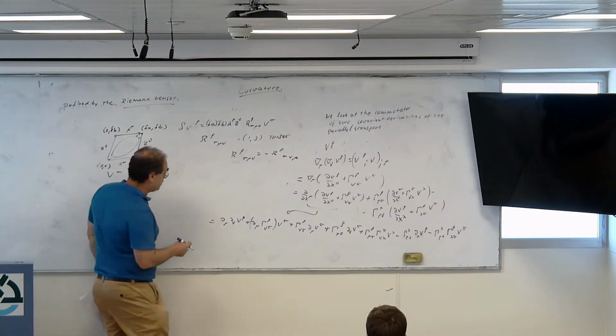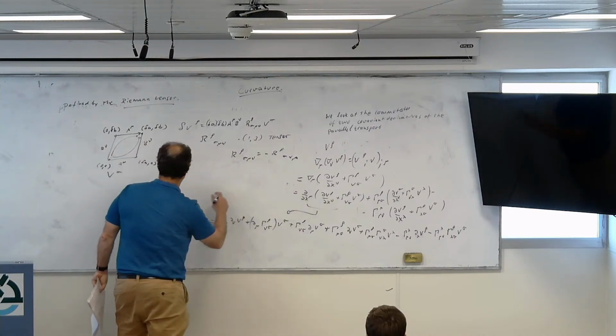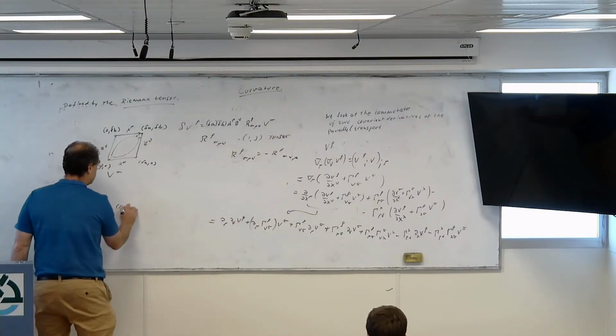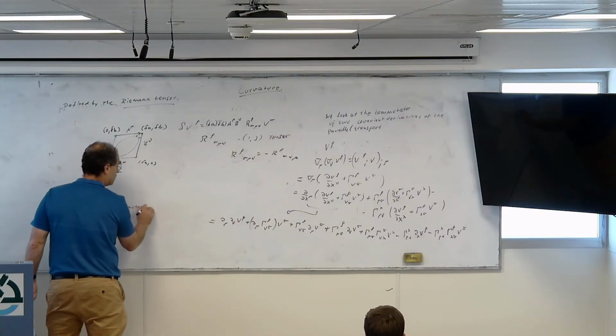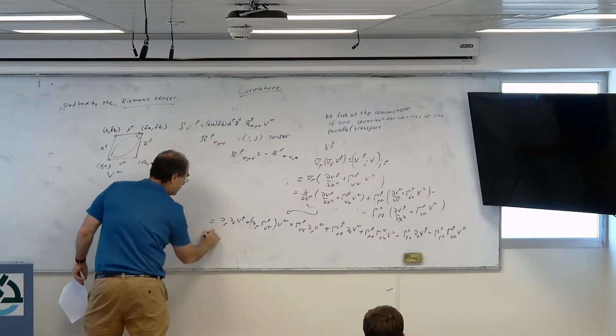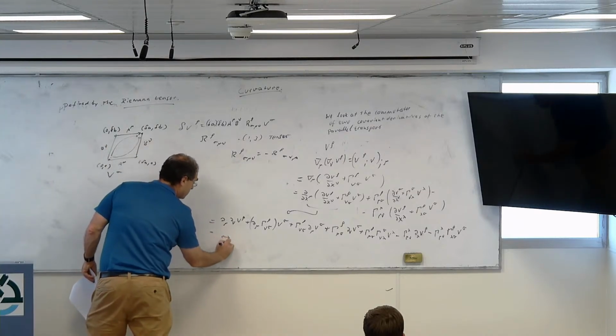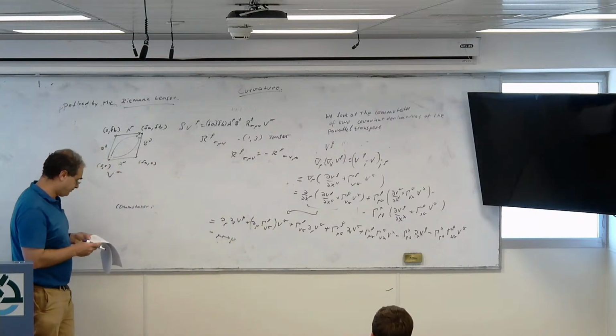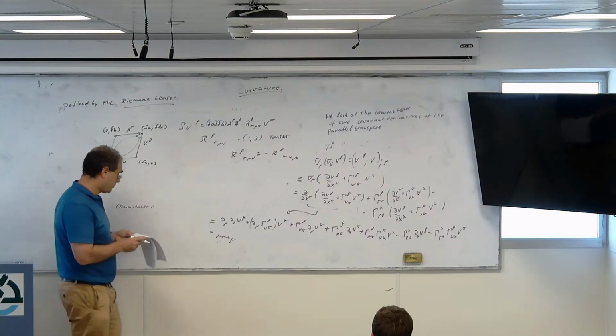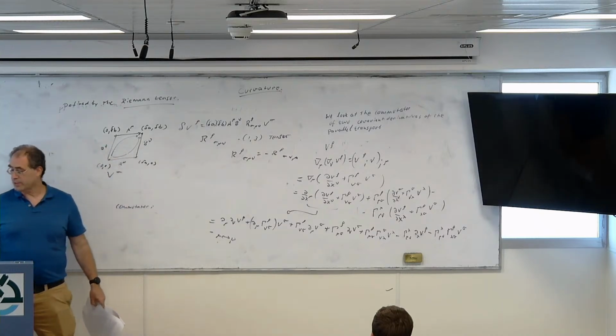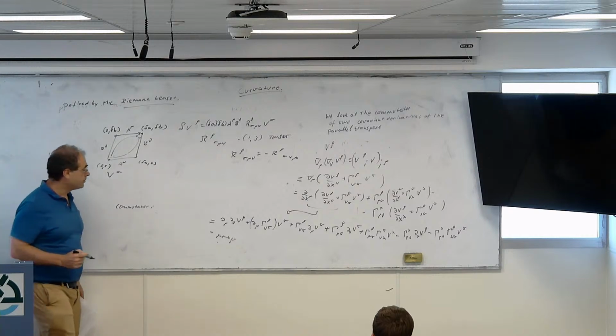Now we want to take the commutator. Take that and subtract the same with mu exchange. What happens when we subtract the terms of mu exchange?